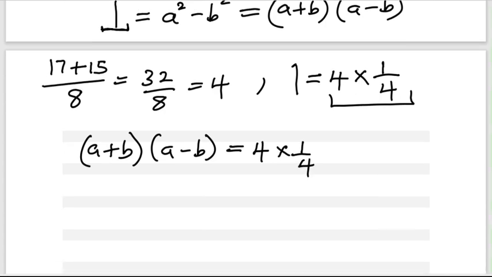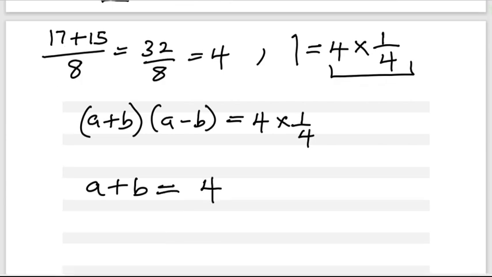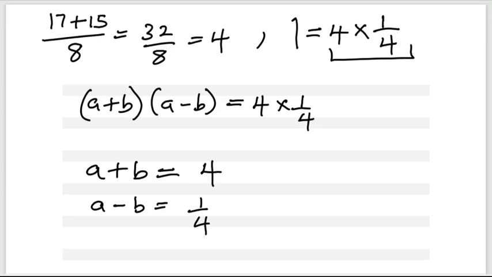Next, we transform this to a simultaneous equation. We'll have that a plus b, since they are both positive, equals 4, and a minus b equals 1 over 4. We solved for a the first time, this time let us solve for b. So if we subtract these two equations, we have that a minus a is 0, b minus b is 2b, okay?